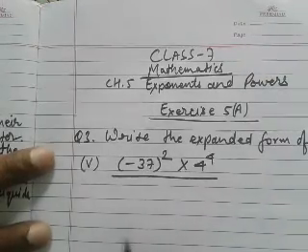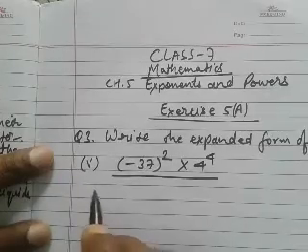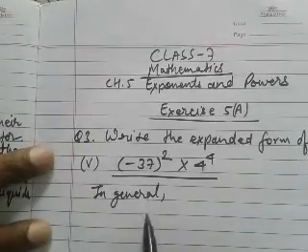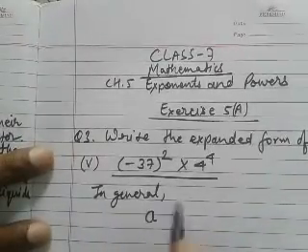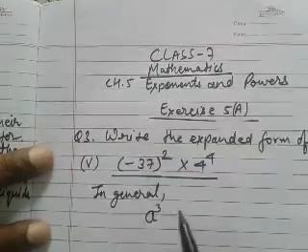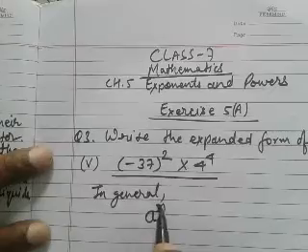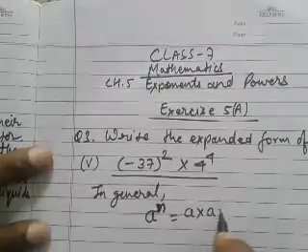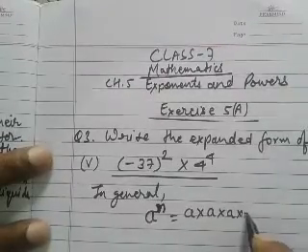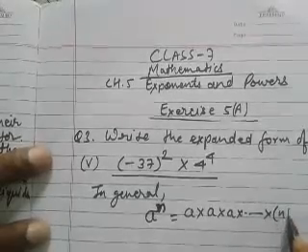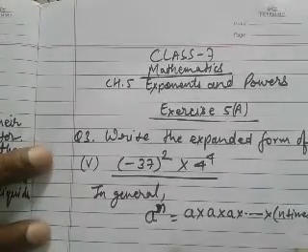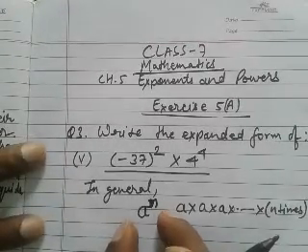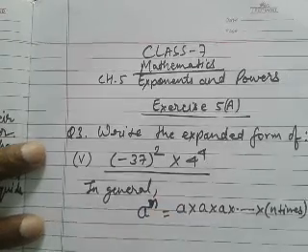Expanded form means if a number is written as a to the power n, then we can write this number as a multiplied by a, up to n times. This is called the expanded form of the given expression a to the power n.